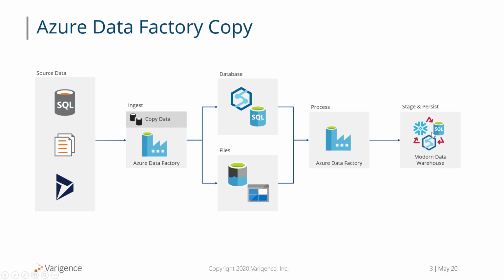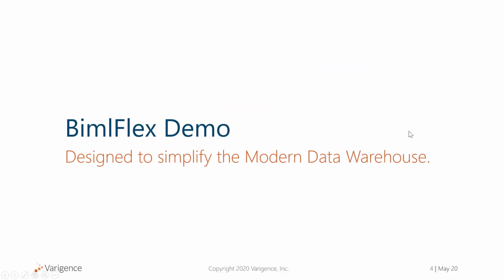That gives you the ability to easily switch between the different modern data warehouse environments, using the same metadata with just different configuration, whether you try Synapse, Snowflake, or SQL database, depending on your preference. So with that, let's go into a demonstration and I'll show you how to configure that in BimlFlex.